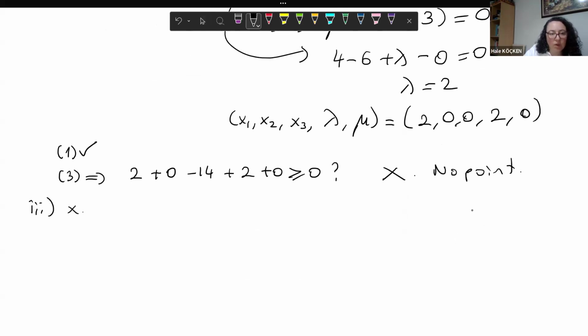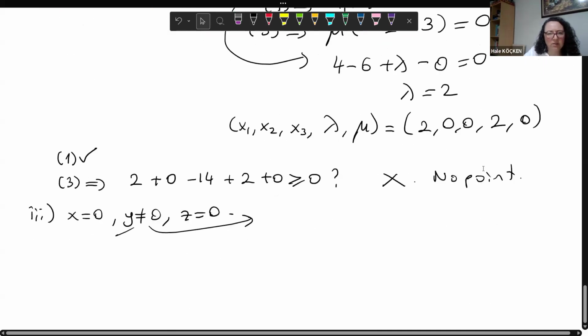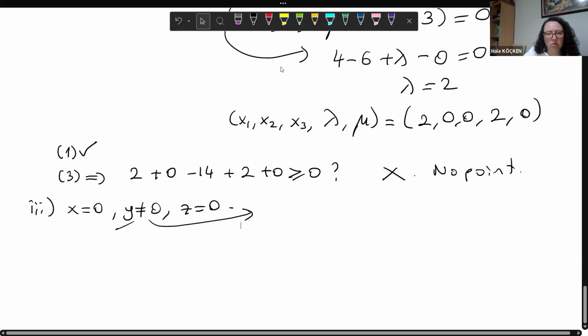Third case: x is 0, but y is different from 0, but z is 0. If y is different from 0, what with y? Oh, why am I writing like that? There is no y, there is no z.